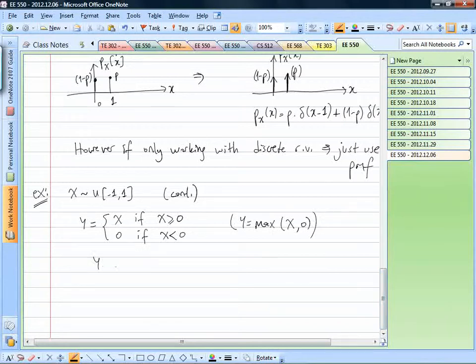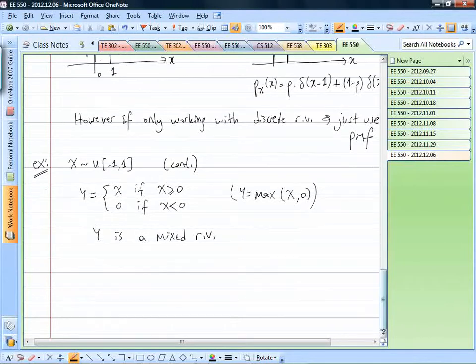So now y is a mixed random variable. How would the PDF of y look? We can see that there's a point mass of probability 1 over 2 at y equal to 0.